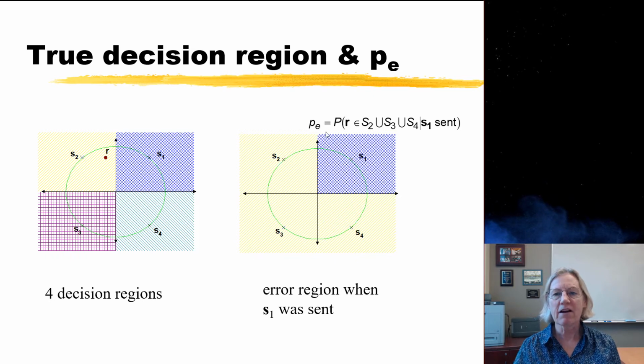So the probability of making an error when S1 was sent, conditioned on S1 sent, is the probability that R falls in this union of these 3 decision regions for S2, S3, S4. So if it falls anywhere there, I'm going to make an error.